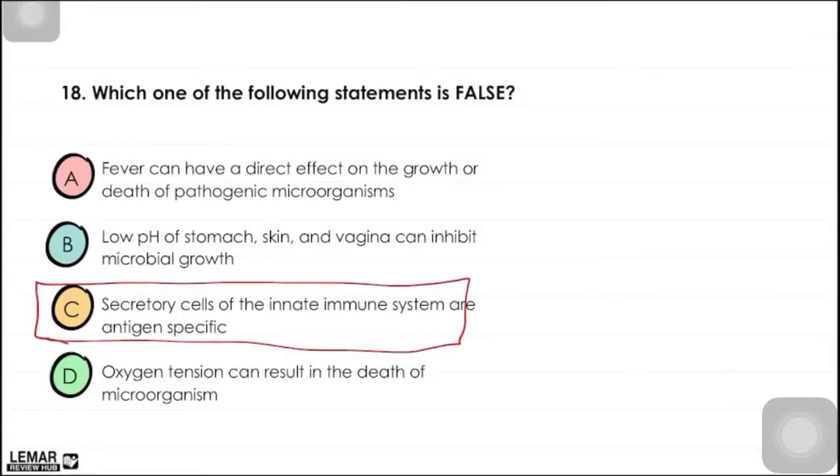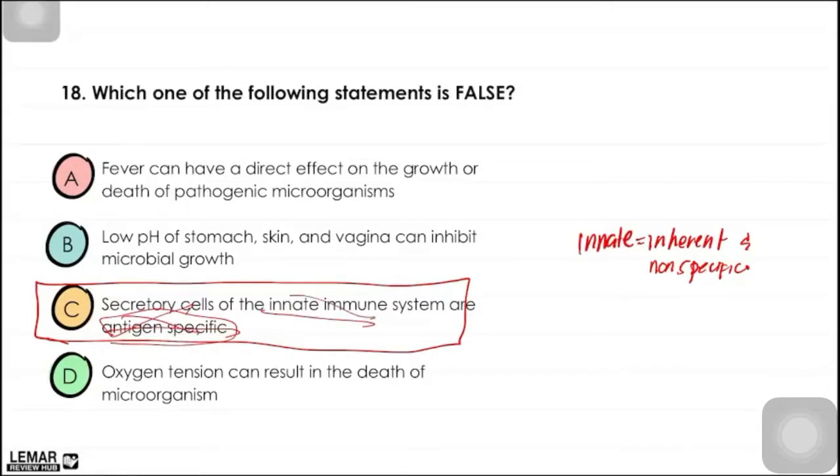So remember that innate immune system is inherent and non-specific. So meaning, all pathogens are attacked similarly and are not antigen specific. So that is the innate immune system. Hindi siya antigen specific.